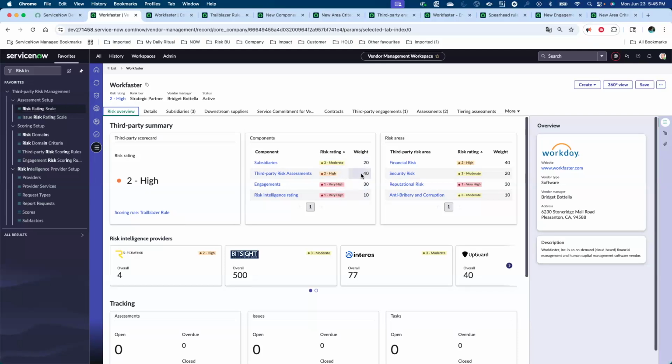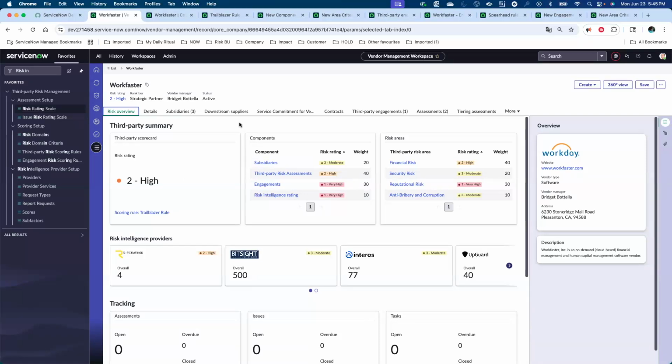So 60 plus 80 is 140, plus 30 plus 10: 150, 160, 170, 180. 180 divided by the sum of all these weights, which is 100, so 180 by 100 is 1.8. That comes to your too high. So that's your risk rating.